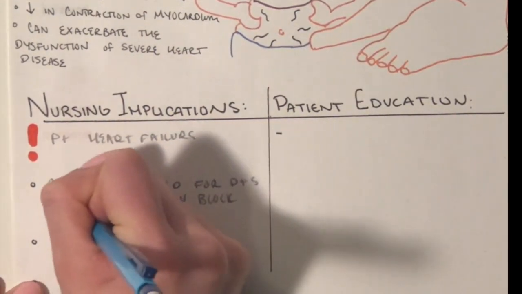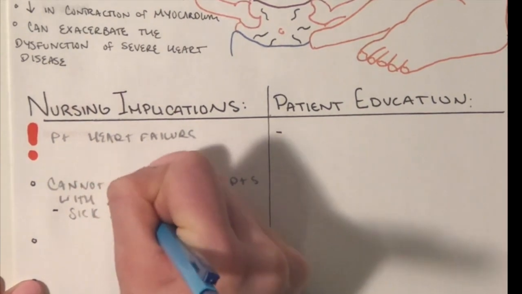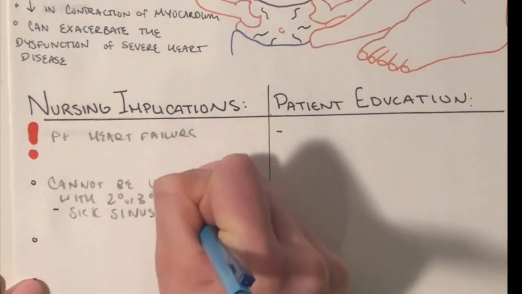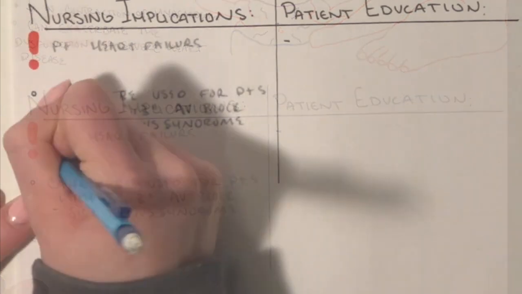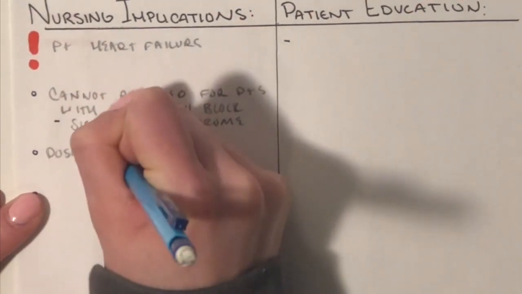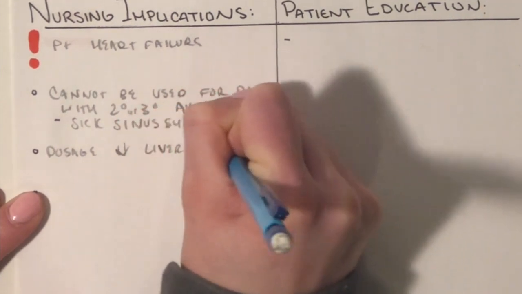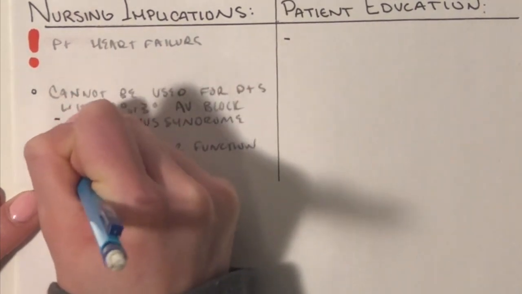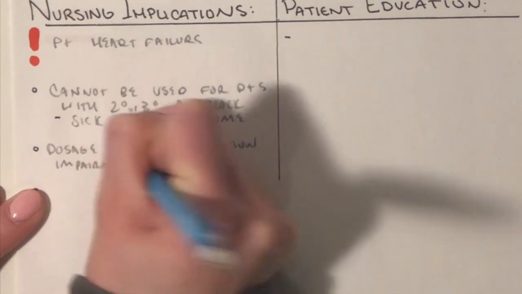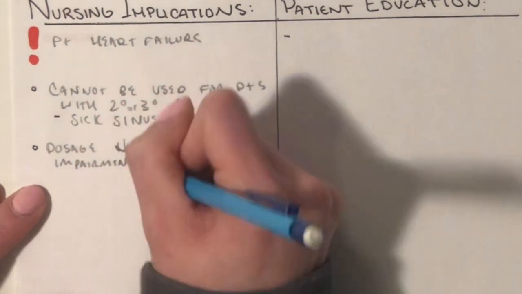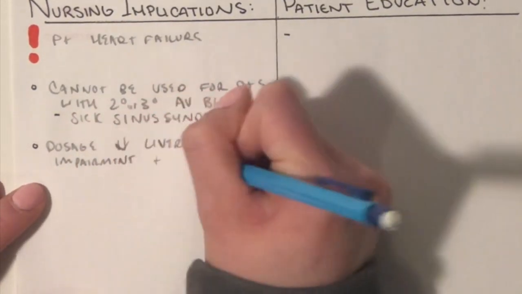And this is also known as sick sinus syndrome. And then next, the dosage needs to be decreased in patients with liver function impairment. And this is because it is metabolized by the liver, and it should also be decreased in patients with kidney disease.